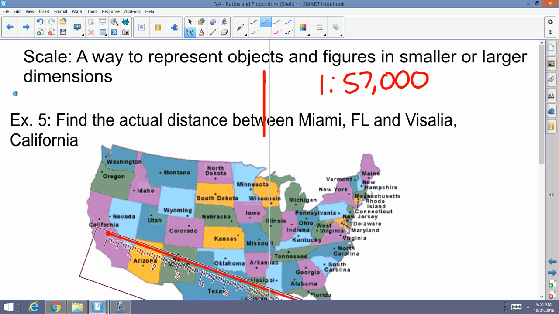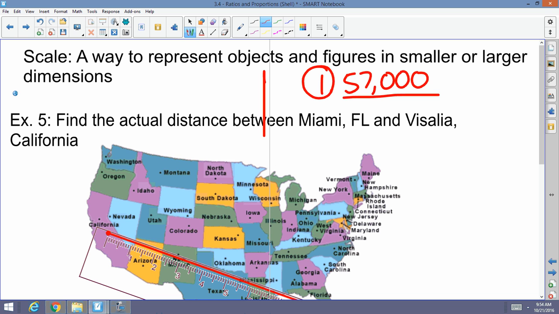Did you ever look at that? Well, that's the scale of the model. What that meant is, for every 1 inch on your toy model, it really means 57,000 inches on the real model. That's what a scale tells you.